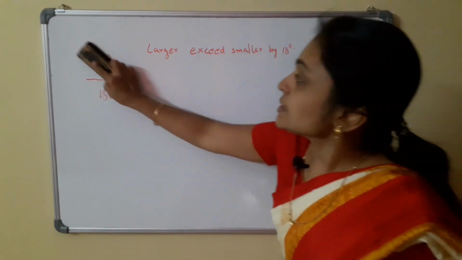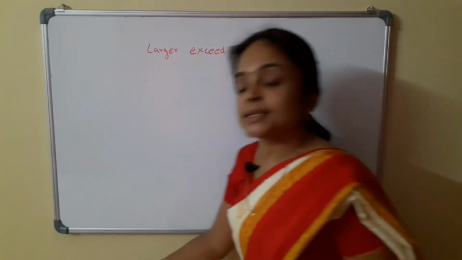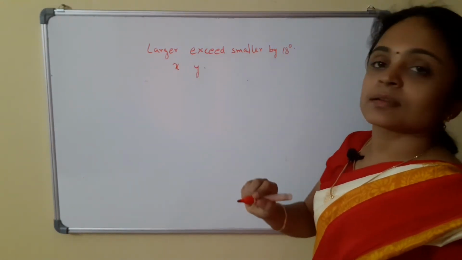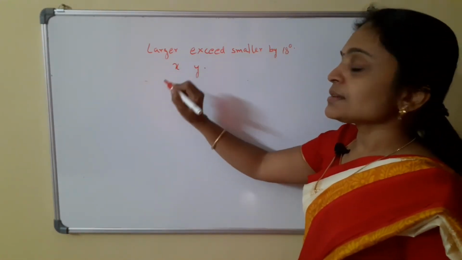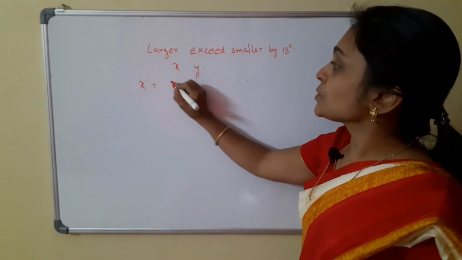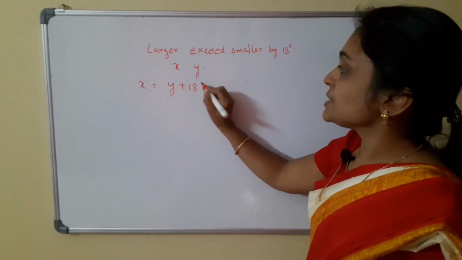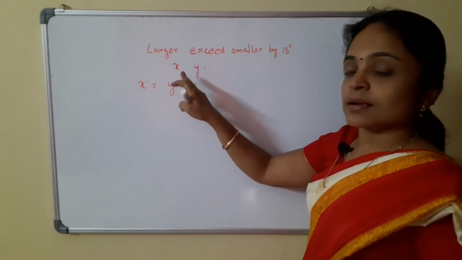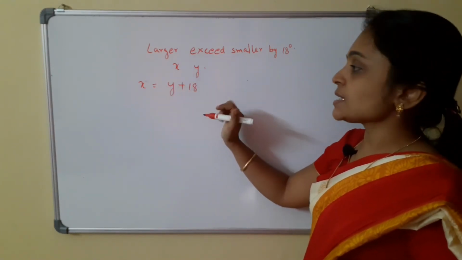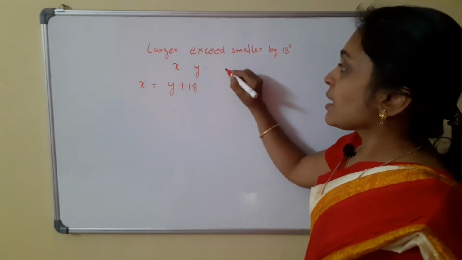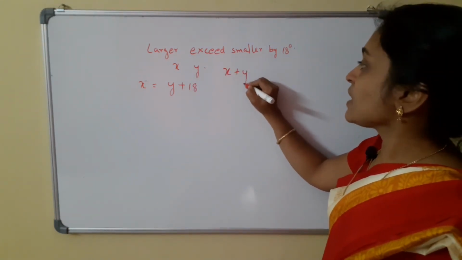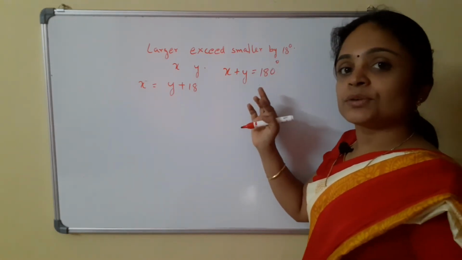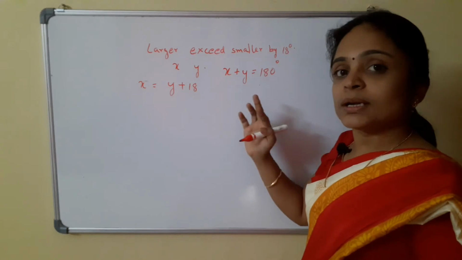Here, larger exceeds the smaller by 18 degree. Let the two angles be x and y. And let x be equal to y plus 18. Let this angle be the larger angle. And we know that x plus y equal to 180 because these two angles should add up to 180 degree.